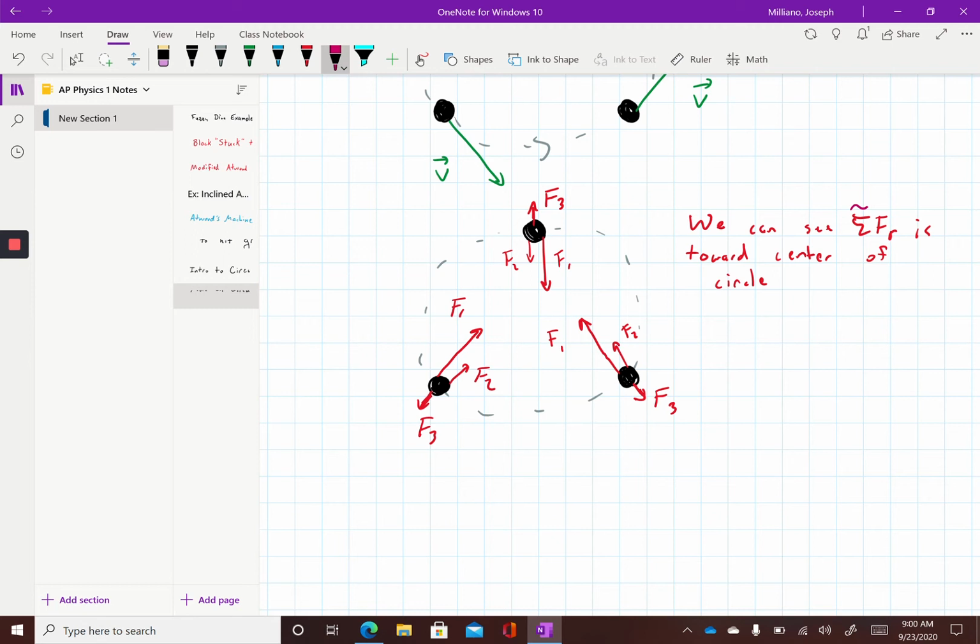And I want to emphasize that what this term means is the net force in the radial r direction. Remember that reference frame from the last video that we're using. We're using a rotating reference frame that at any one snapshot, we're looking at the radial and tangential directions.